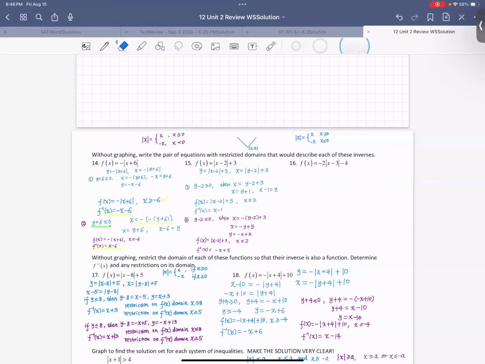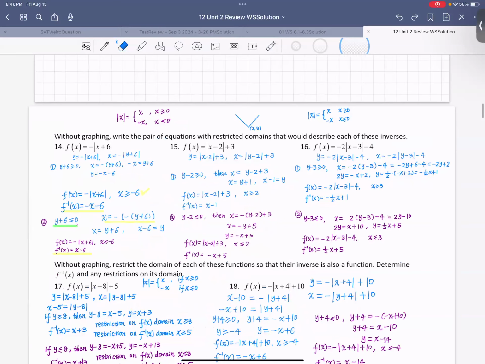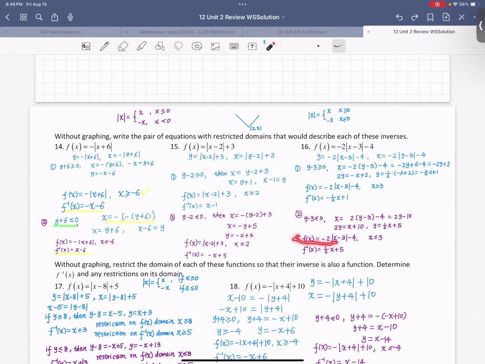Chloe, it's almost perfect. Just one more thing. Chloe, find another different color pen, okay? And put this. Your restrictions are based on the original function.